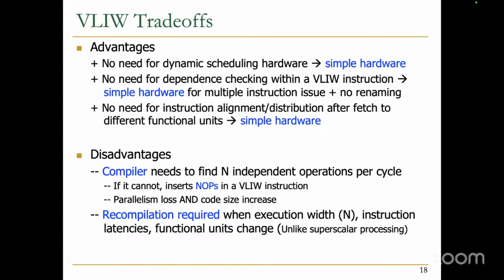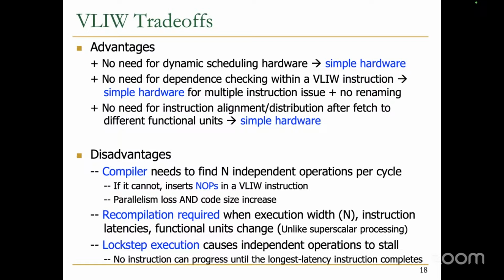So as your execution width, instruction latencies, and functional units change, you need to recompile code to get the best performance, or even to be correct in some cases, potentially. This is very different from superscalar processing, which is completely transparent to software. You don't need to do anything in superscalar processing. And if you do out of order on top of superscalar, you schedule the instructions dynamically, and as a result, you can get good parallelism as well.